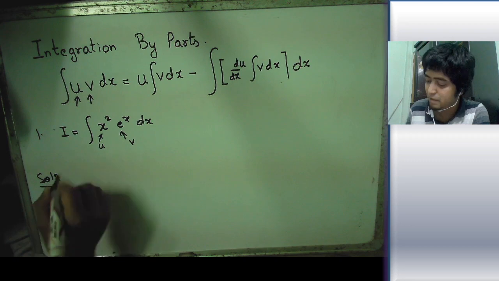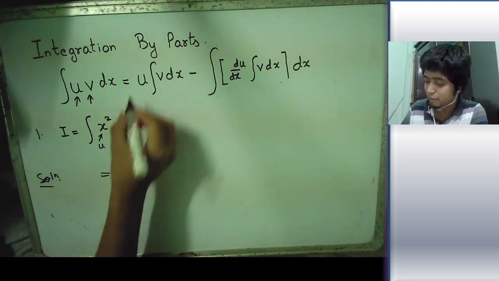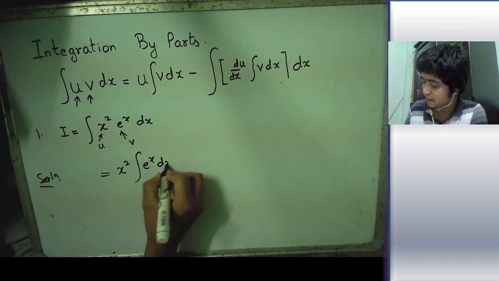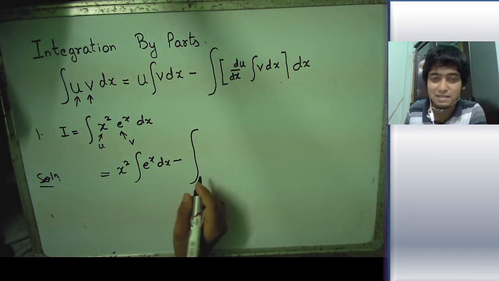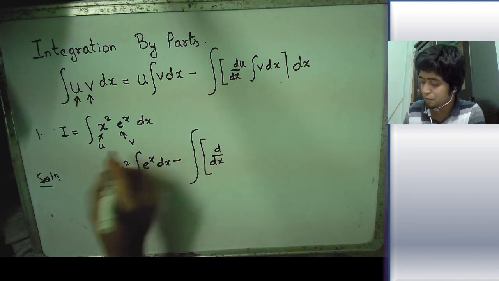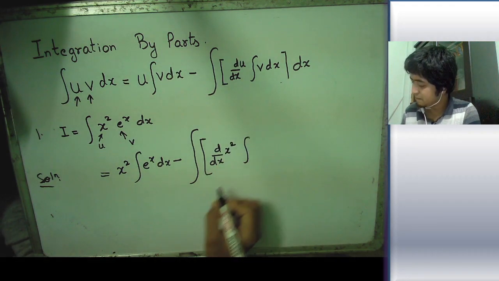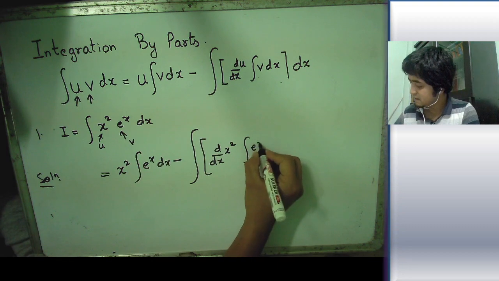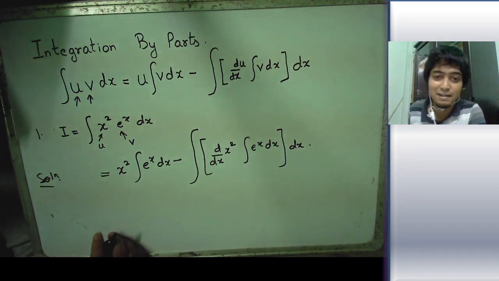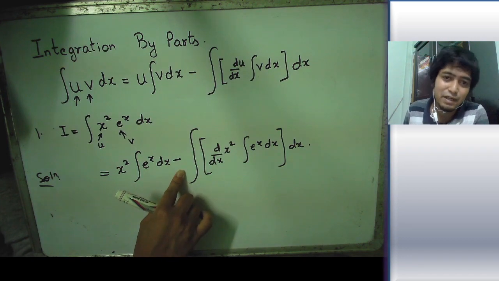So over here, if you use this formula, you will get I equals u, which is x squared, times integration of v, which is ex dx, minus a very big integration sign, a square bracket, du/dx, that is d/dx of u, which is x squared, times integration of v, which is ex dx, and then close the square bracket, and then you will have another dx. Keep in mind, most of you will probably make mistakes over here with the minus sign.